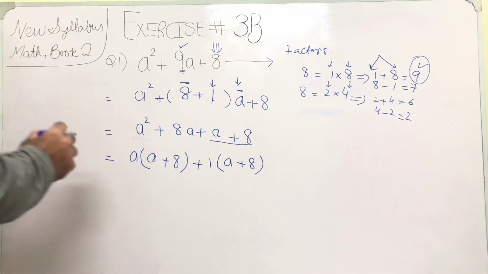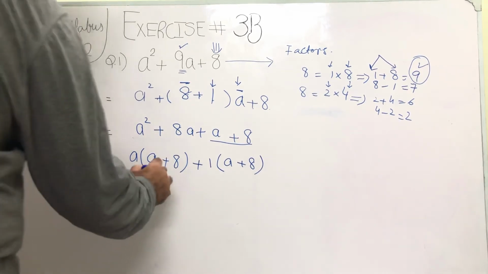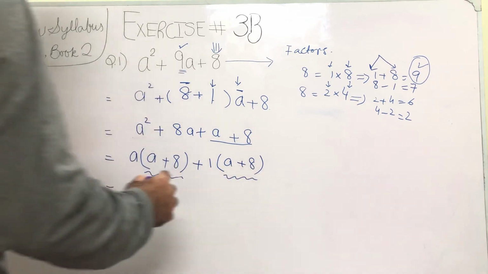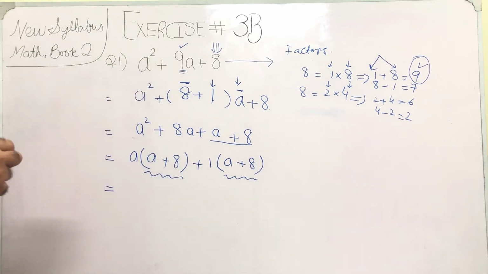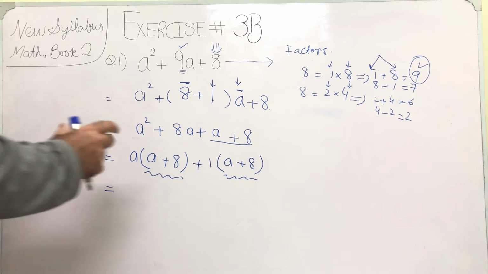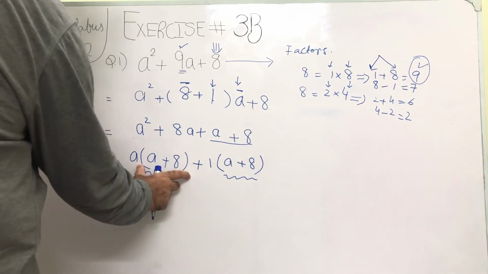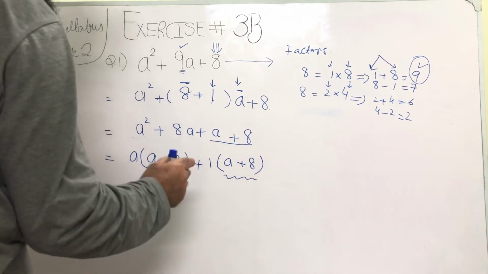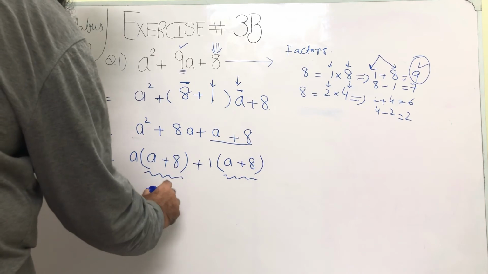Now we move ahead. See, this one and this one are the same. So how to write? The next step is that these two are common, they will come one time, a plus 8.